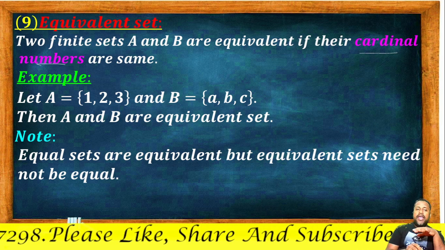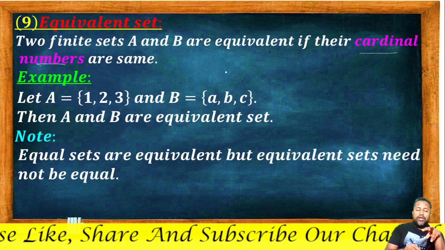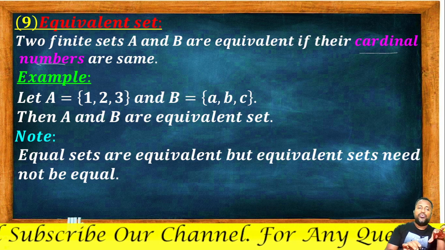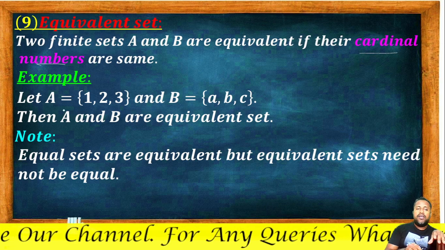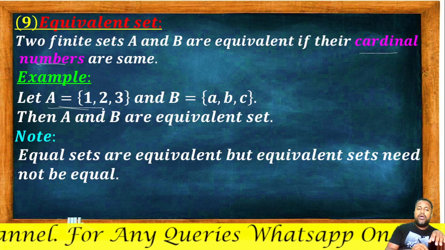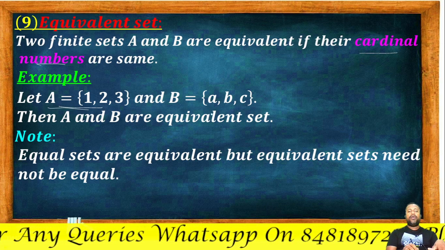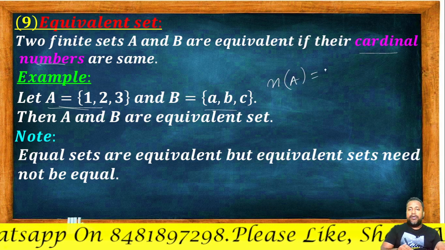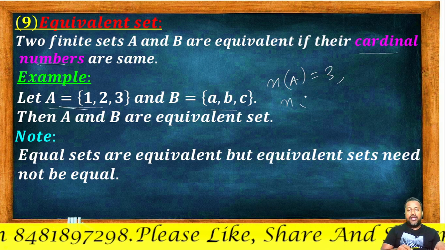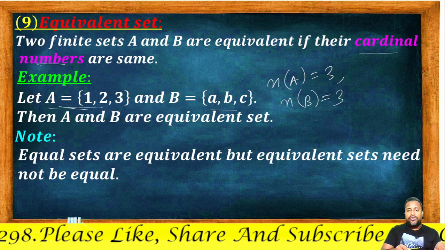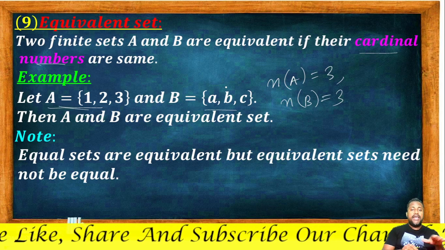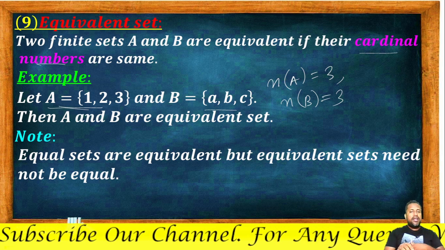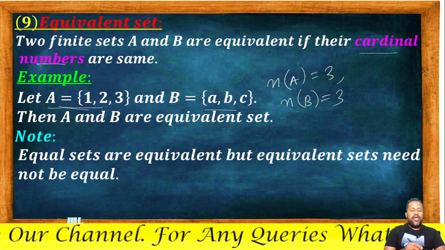That means if the cardinal numbers of two sets are equal, then these two sets are equivalent sets. Say set A equals {1, 2, 3} and set B equals {a, b, c}. Here the cardinal number of set A is 3 and the cardinal number of set B is also 3, but both sets contain different elements. Since their cardinal numbers are equal, these two sets are equivalent sets.